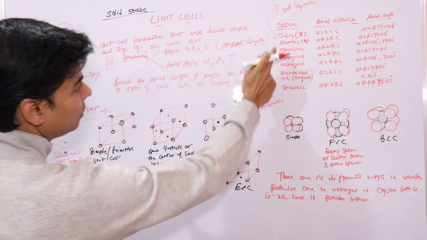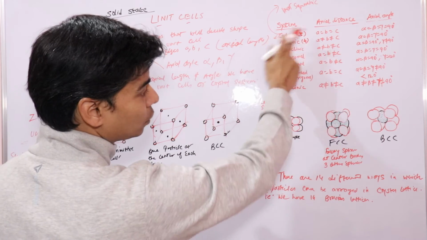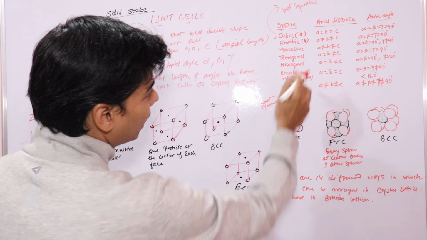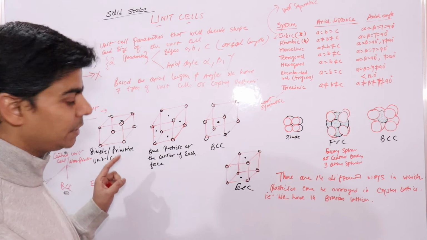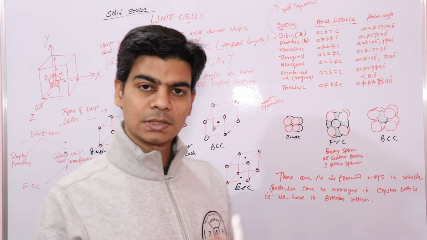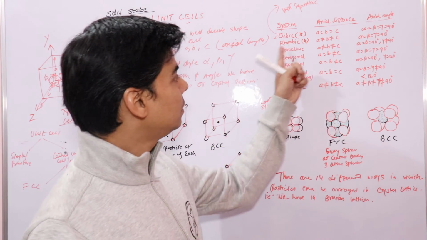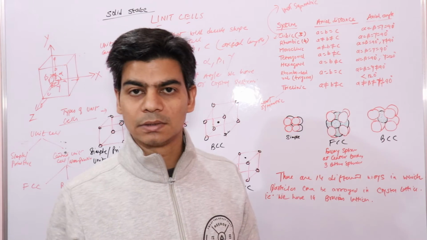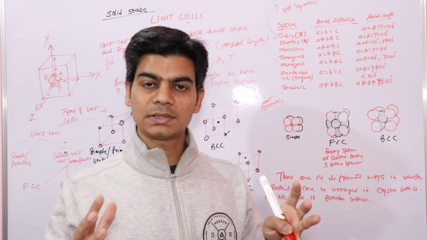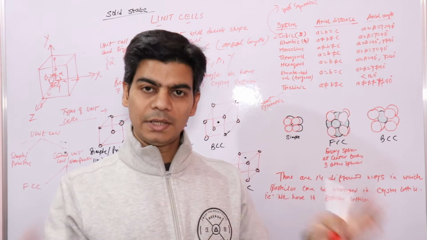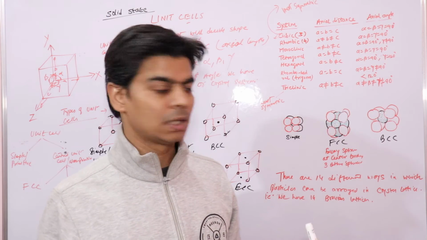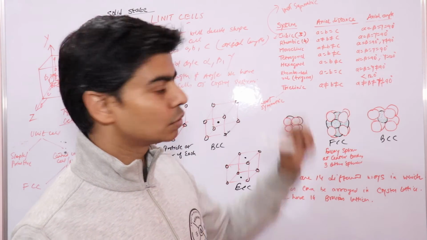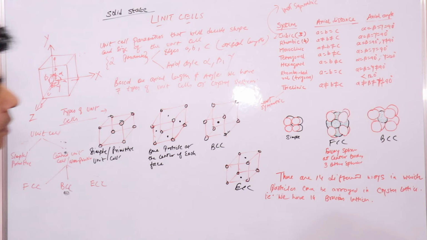In the case of rhombic, we have 4 unit cells. 4 unit cells means there are 4 ways in which particles can be arranged in orthorhombic crystals, which means we have 4 types of crystal lattices. So out of these 14, 4 belong to orthorhombic.